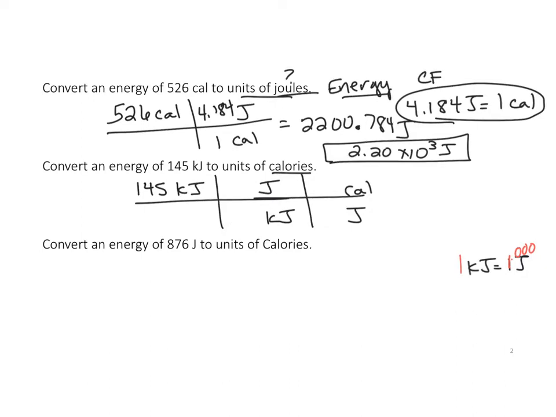Catch yourself. Okay, so we have 1 kilojoule, 1,000 joules into the bigger unit, kilojoules, and then here we have 4.184 joules into 1 calorie. So 145 times 1,000 divided by 4.184. That is 34655.83 calories.